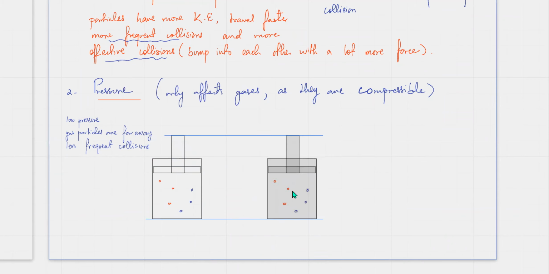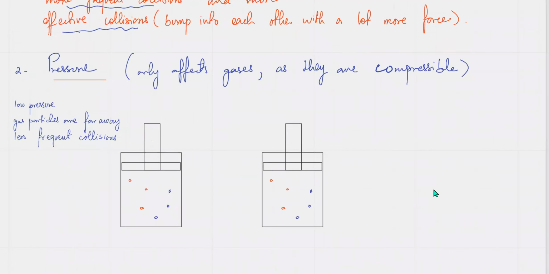As a same gas, the two particles want to bump into each other. They're going to react with each other. To increase the pressure, I'm going to start applying force from the top. And all these particles, they're going to become a lot closer together. I'm going to squeeze them. I'm going to compress them.